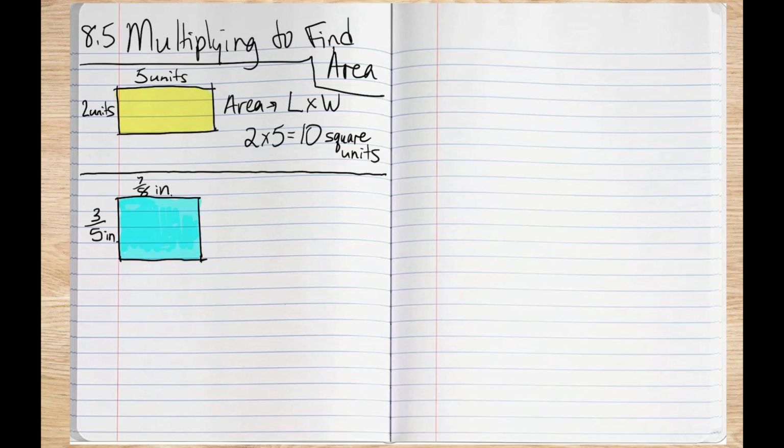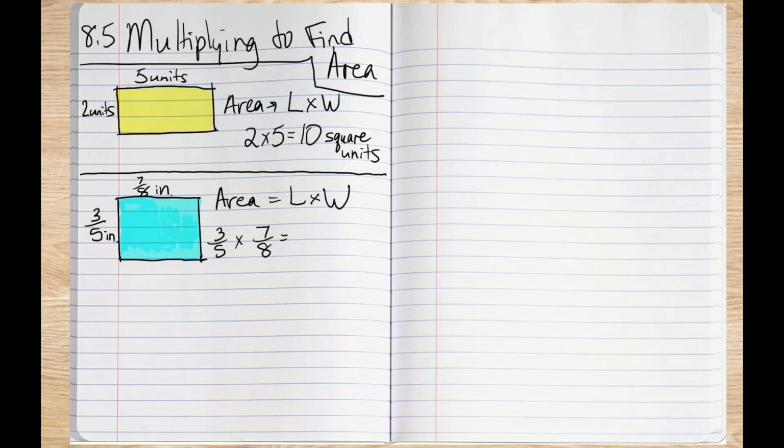Well, if we go back to our definition of area, we can say area equals length times width. That didn't change just because I'm working with fractions. So to do this work, I'm just going to multiply my length, which is 3/5, times my width, which is 7/8.